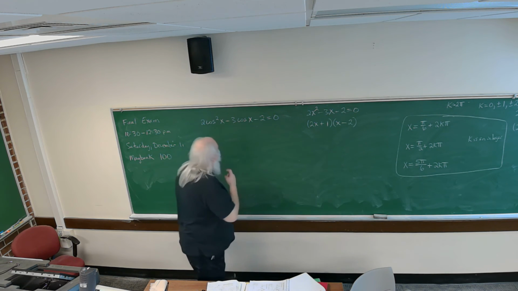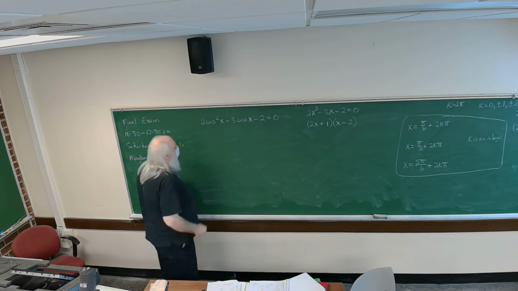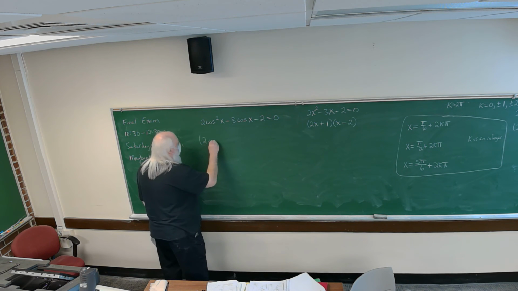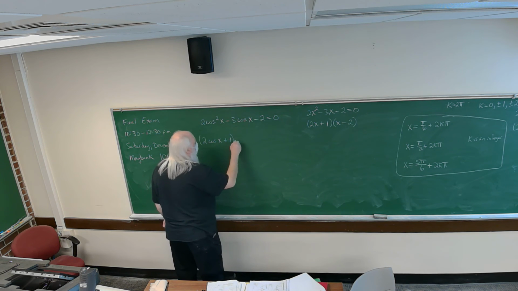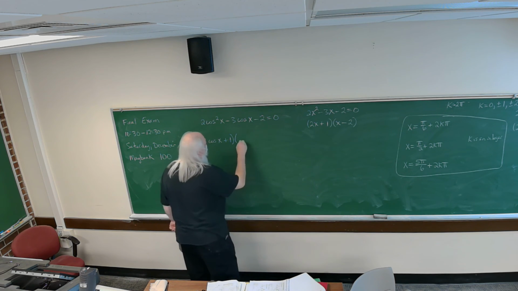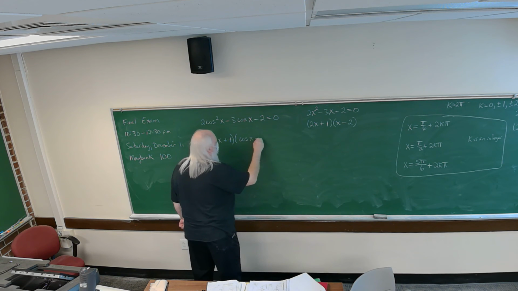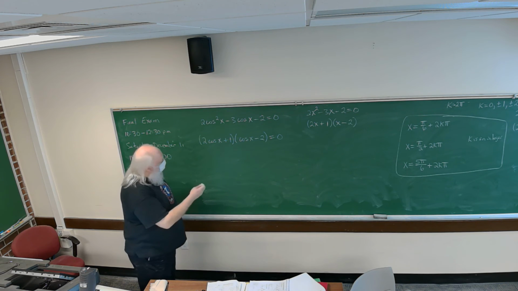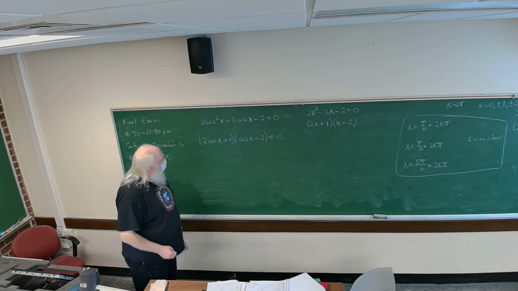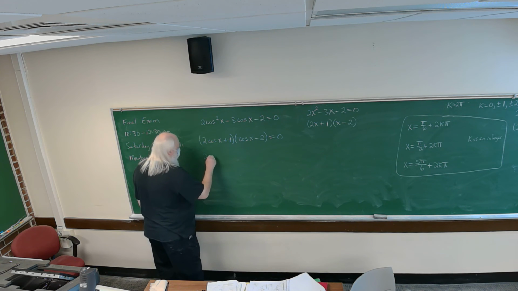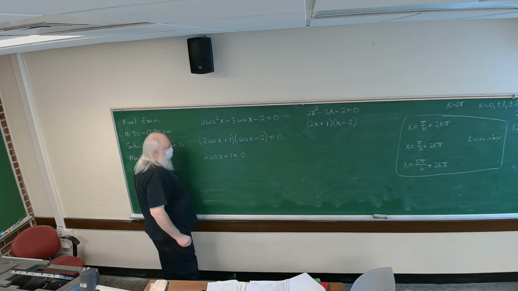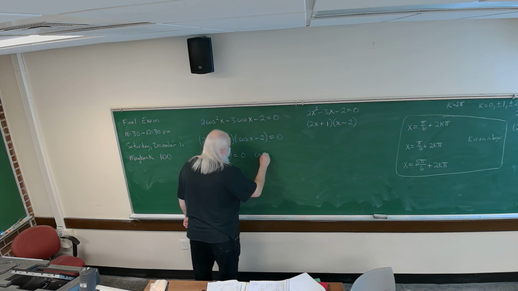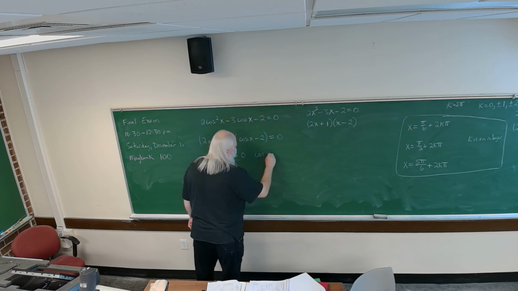So this trig equation factors into 2 times the cosine of x plus 1 times the cosine of x minus 2. Instead of x, I have cosine of x. And now, using the zero product property, either the first factor is equal to 0 or the second factor is equal to 0.